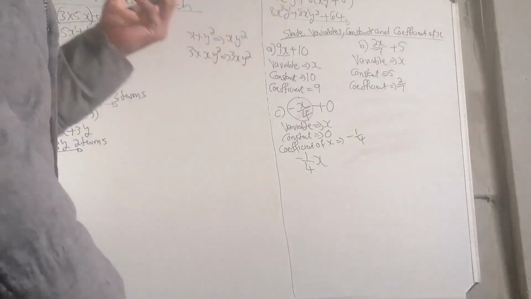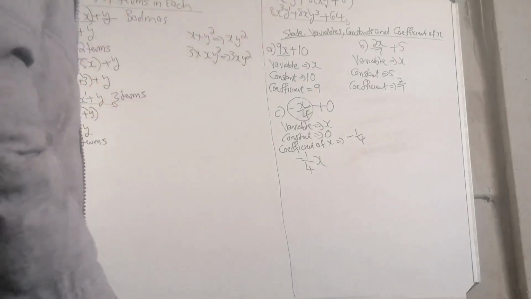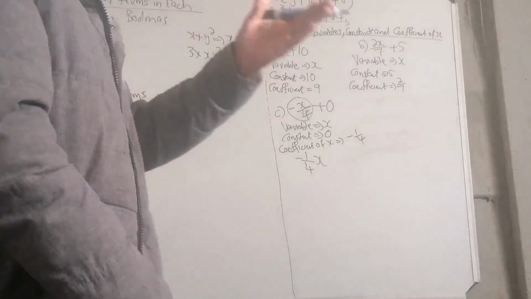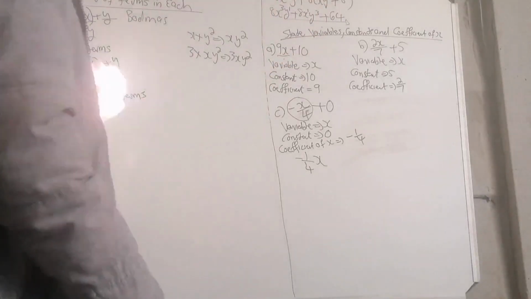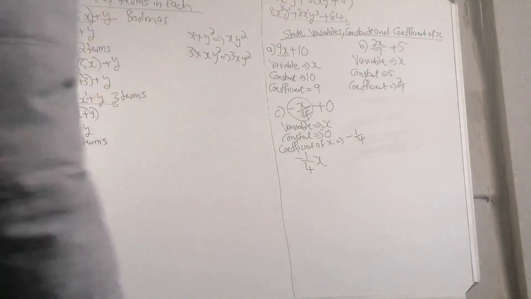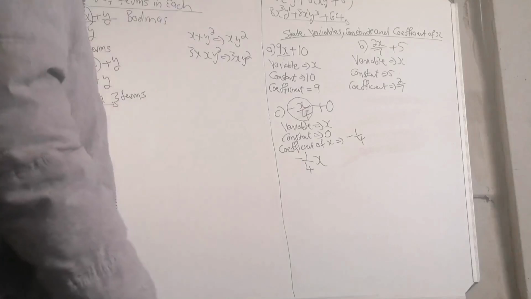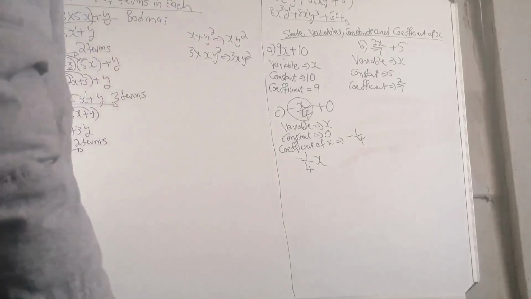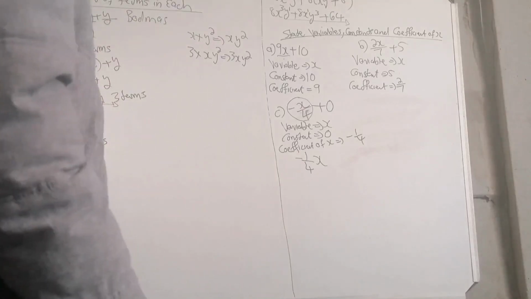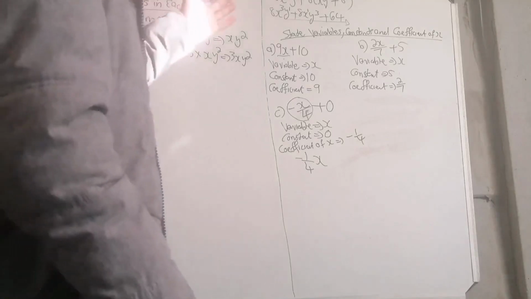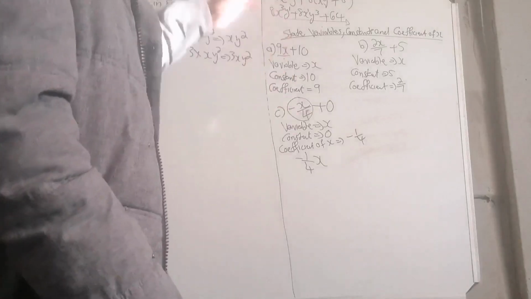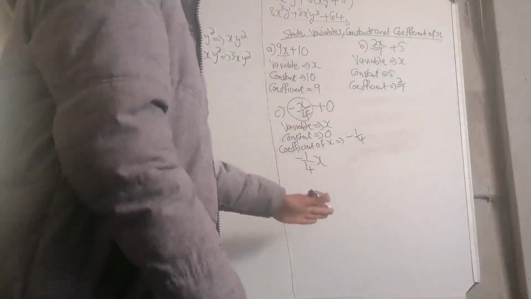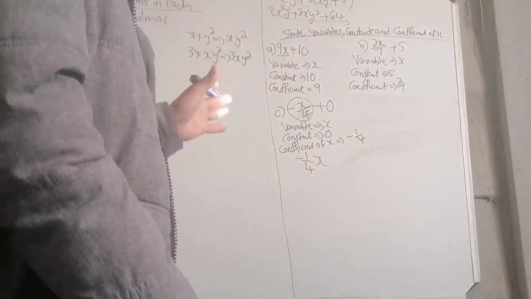But briefly, today you learned how to manipulate expressions. If they ask you to find the number of terms, or if there is multiplication to deal with, we have dealt with that type of multiplication. We solved 3 or 4 problems on this. And when they say state the variable, the constant, and the coefficient of x, which they will always ask, you now know how to maneuver around that.